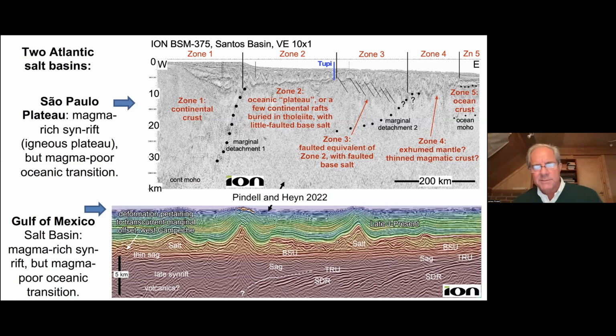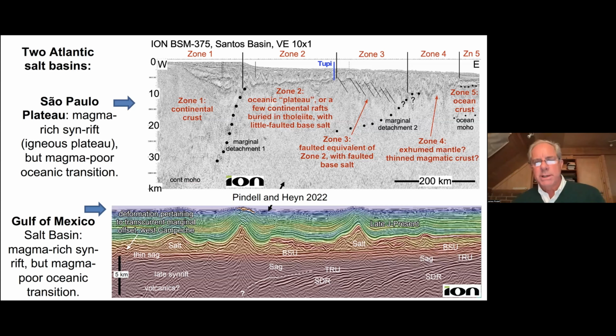Now that statement is not true for the outer portion of Sao Paulo Plateau, where the basement, which I think is pre-existing oceanic plateau, is strongly faulted and salt deposition keeps pace with that faulting. So there is a component of tectonic subsidence going on out here. But let's look at this section a little bit more.